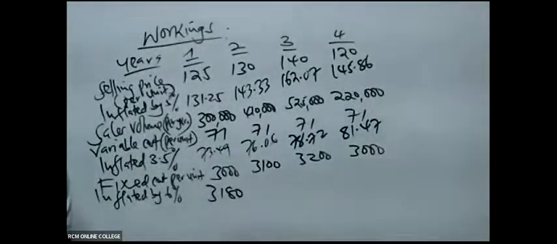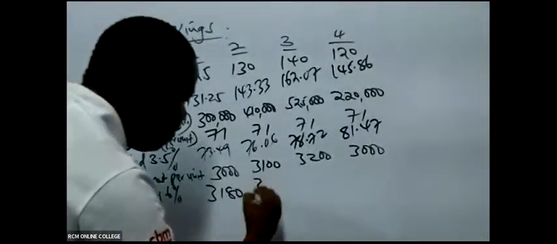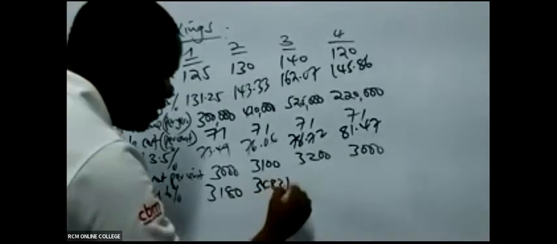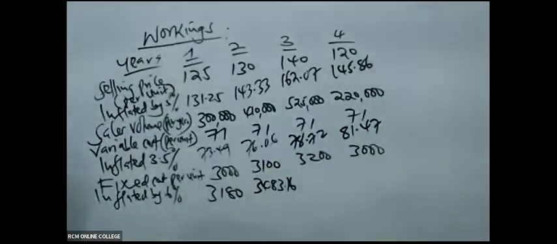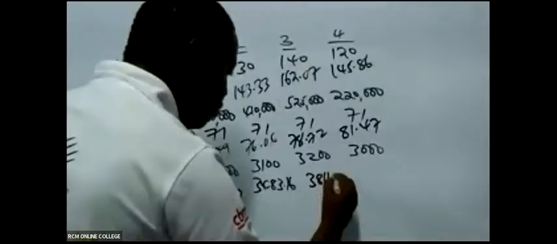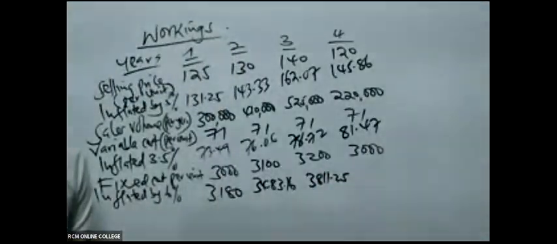Year 2 is 3,483.16. Year 3, you multiply by 1.06 and raise it to 3 years: 3,811.25. And year 4 is how much? 3,787.